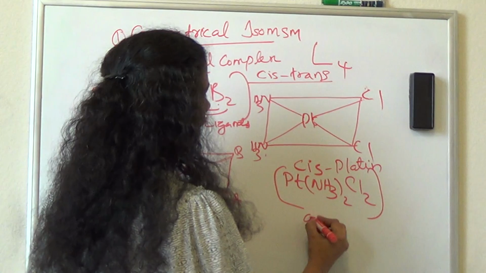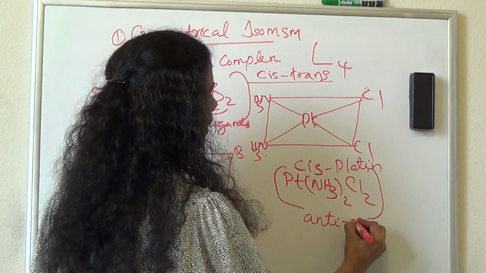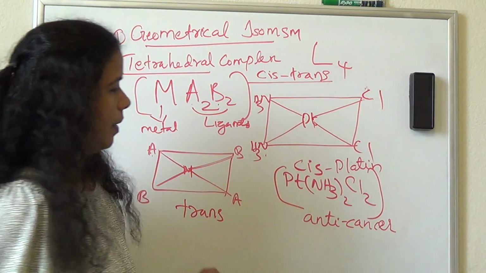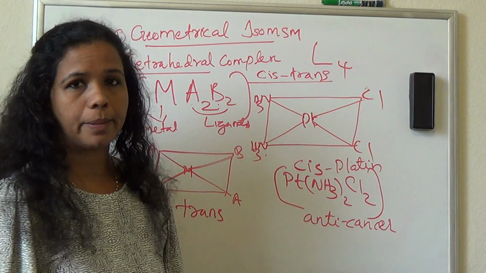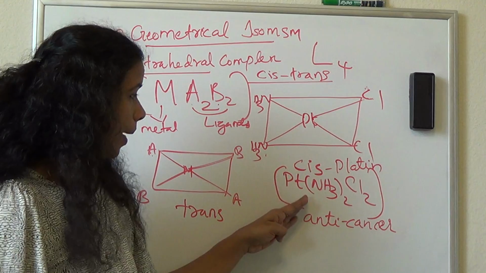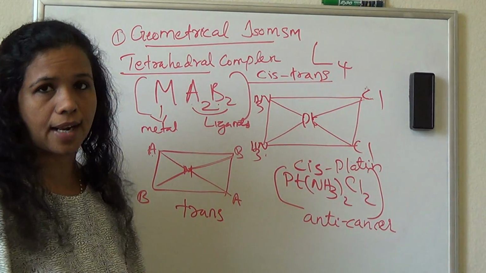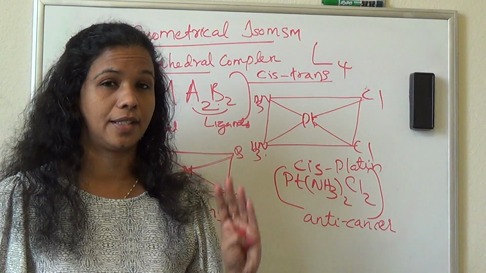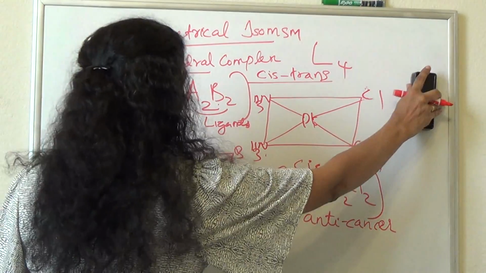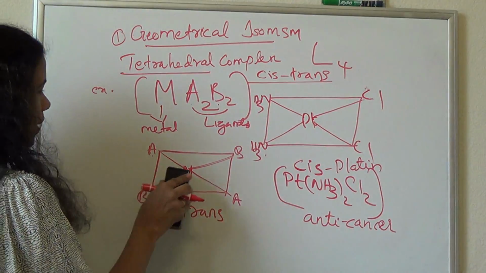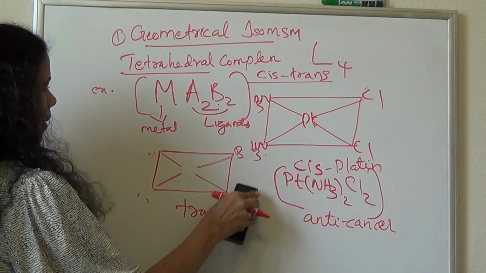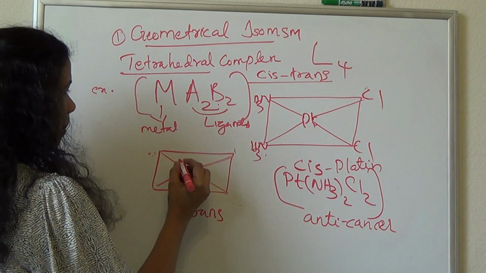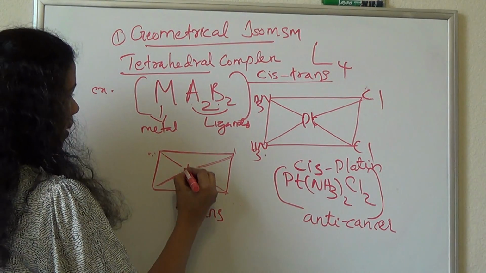and it is an anti-cancer drug. It is a very famous anti-cancer drug. But the difference is, if it is in trans form, it does not have the medicinal property. Instead, it is a very toxic compound. That is, the trans isomer is very toxic. There is a very large difference between the properties of cis and trans isomers.